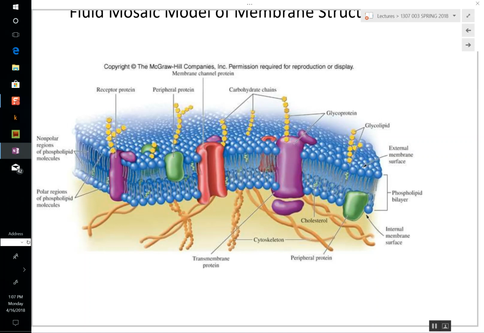And there would be a protein here that would be a channel for glucose. Protein that might be a channel for sodium and potassium ions, calcium, magnesium ions. These are protein molecules embedded in there with specific tasks to get certain things in and out of the cell. It's an incredible structure, okay?